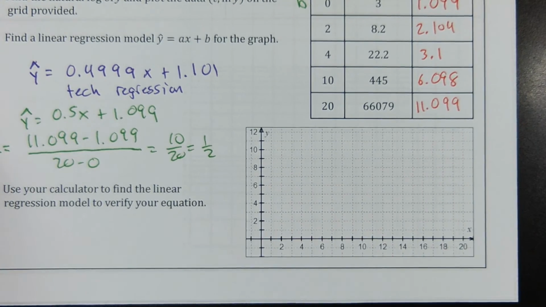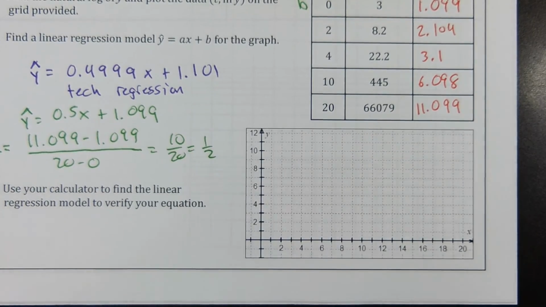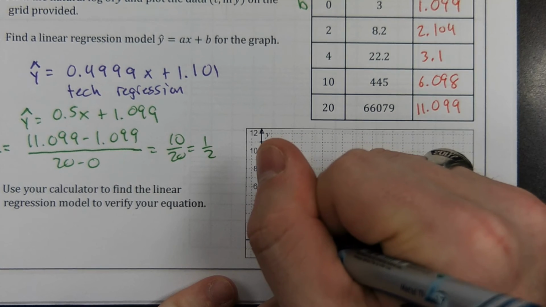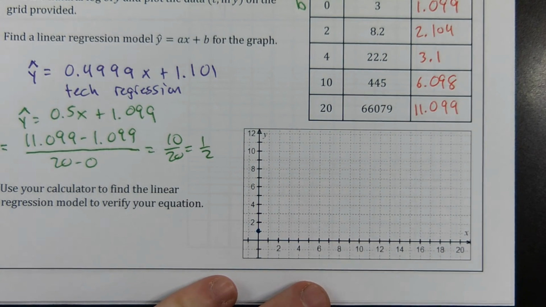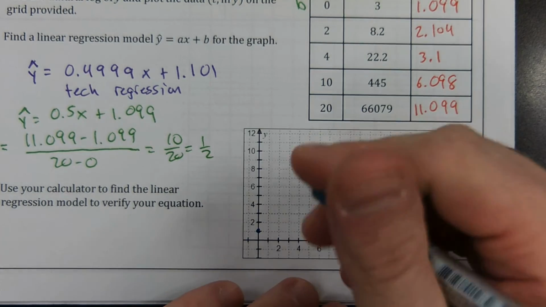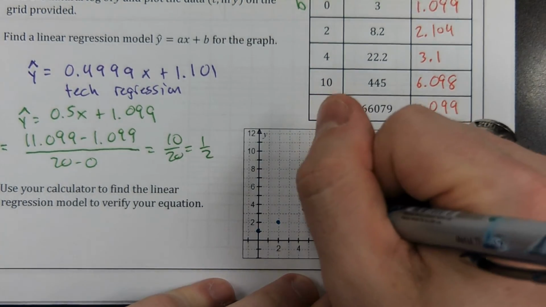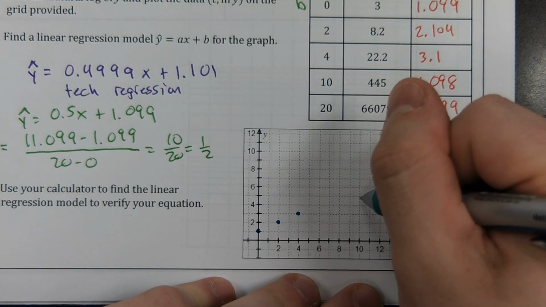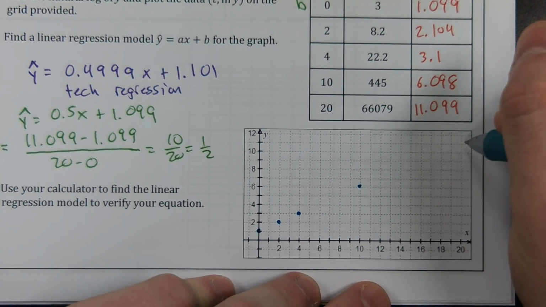Now let's graph it. Let us graph it. Technology, all the way, for real. 0, comma, hair above 1. Don't you do it. I'm about to get kicked out of gradebook. There we go. 2, comma, a little bit more than 2. 4, comma, 3. 10, comma, a bit past 6. 20, comma, a bit past 11.